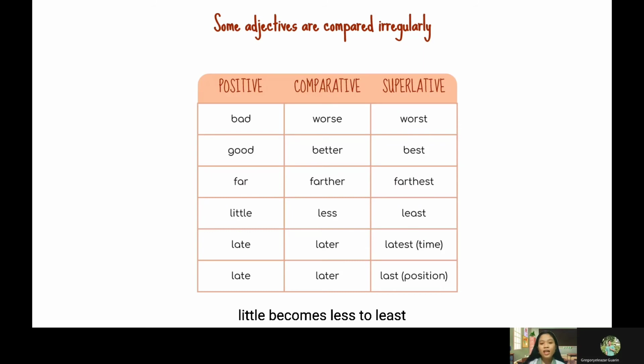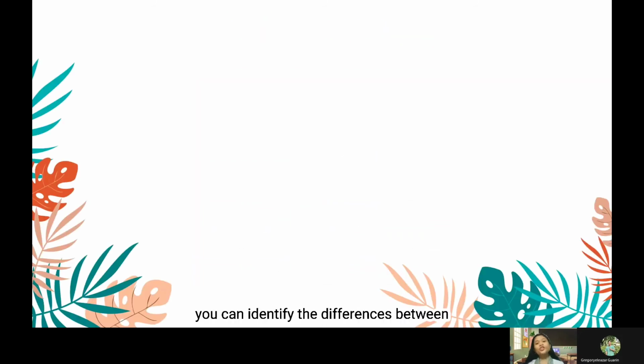Little becomes less to least. Late becomes later to latest. Notice this is for time. Lastly, last to later to last, and this is for position. Now, you can identify the differences between the positive degree, comparative degree, and superlative degree.